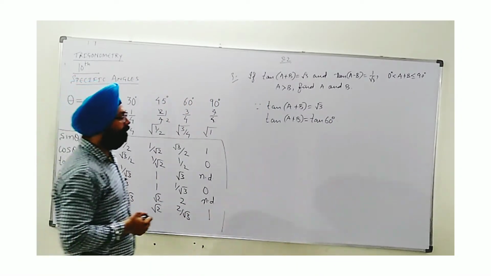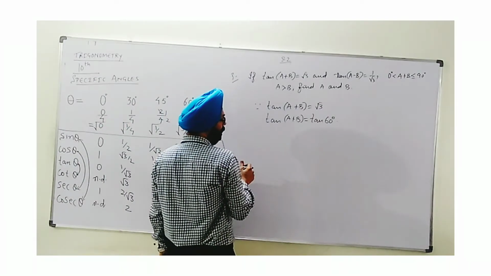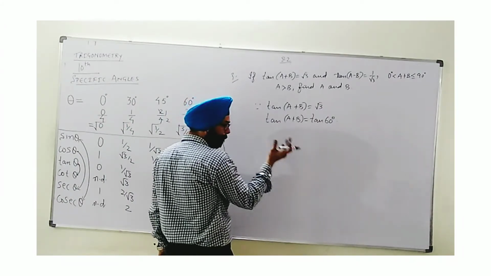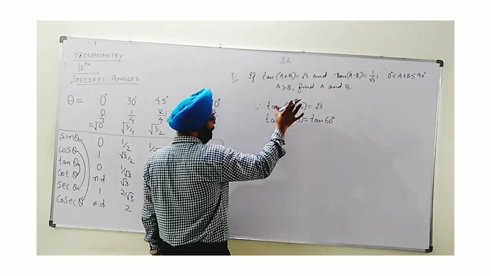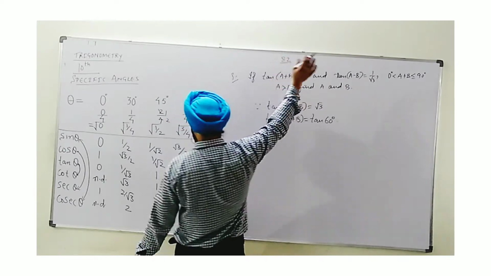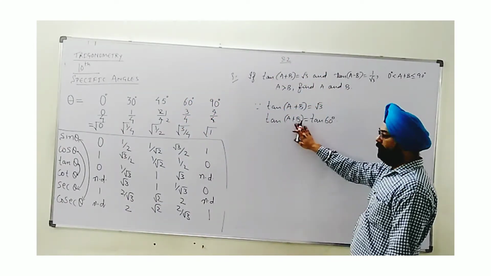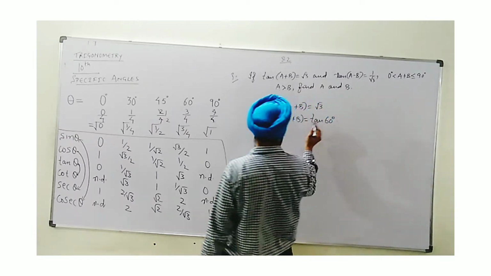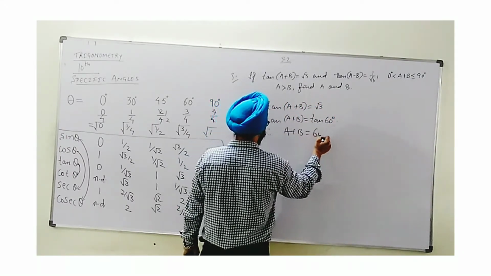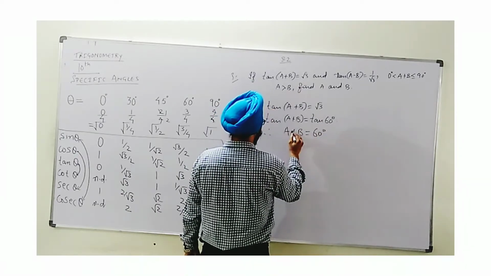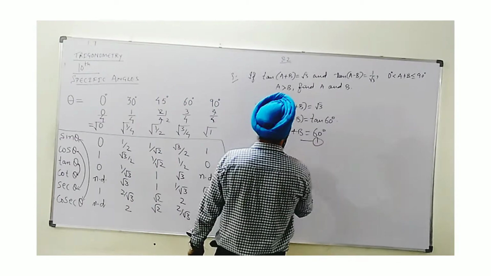We find that both sides as tan are given. We can compare, it is correct for this given condition, as they are between 0 and 90 degree. So you can directly write A plus B by comparison is 60 degree. Make it equation number 1.